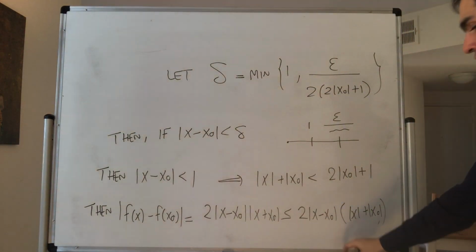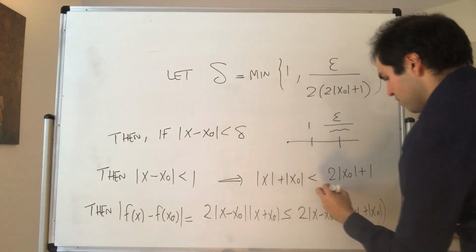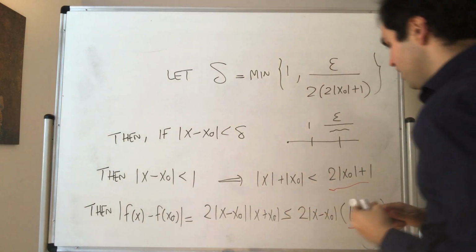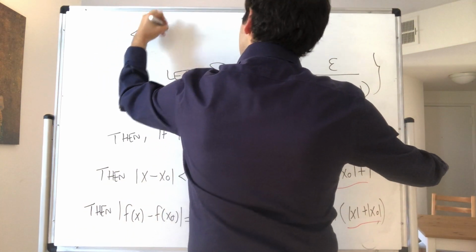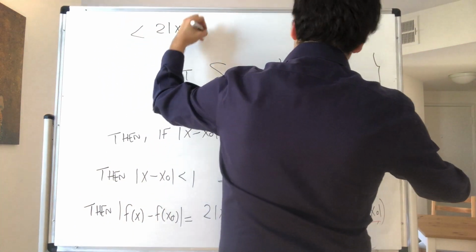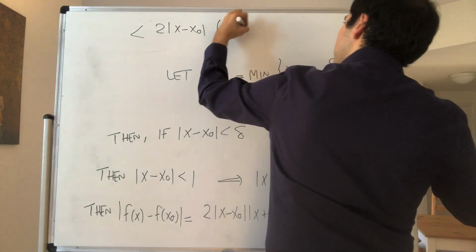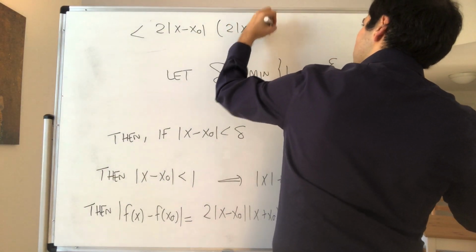However, remember, now we can just use this identity. So this thing is less than 2 times absolute value of x minus x naught times 2 times absolute value of x naught plus 1.